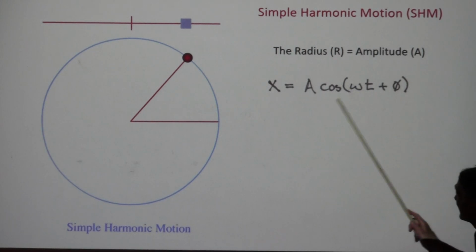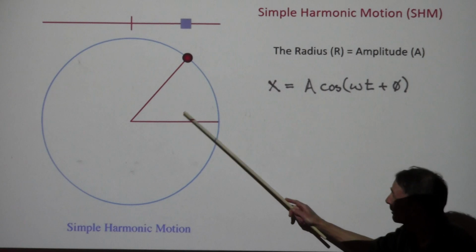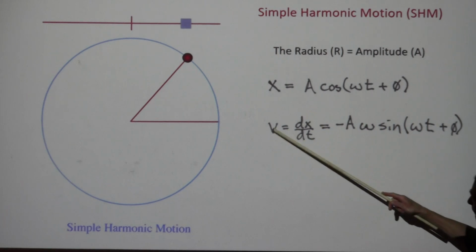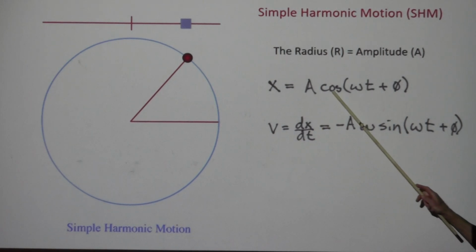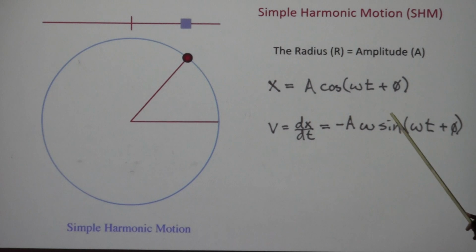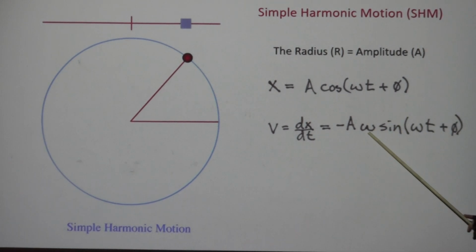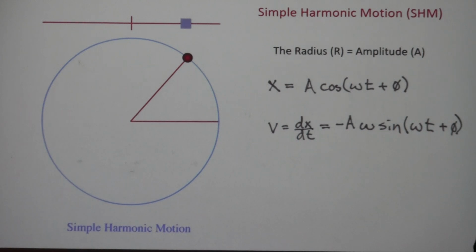Again, omega t plus phi is going to be this angle that's going around at a constant angular velocity. Just taking the derivative with respect to time, this cosine becomes a minus sine, and then we have to go with the chain rule, come up, and that is going to pull out an omega. So most of you are familiar with this kind of stuff.